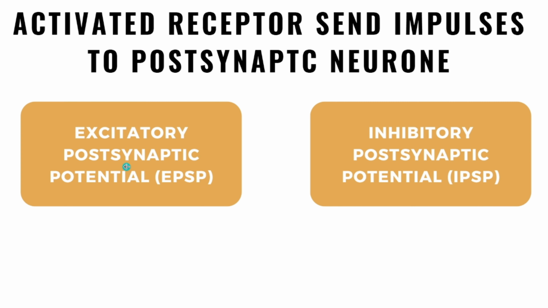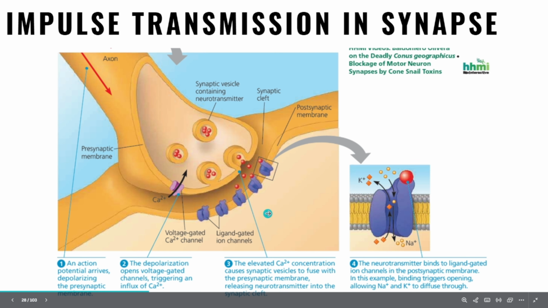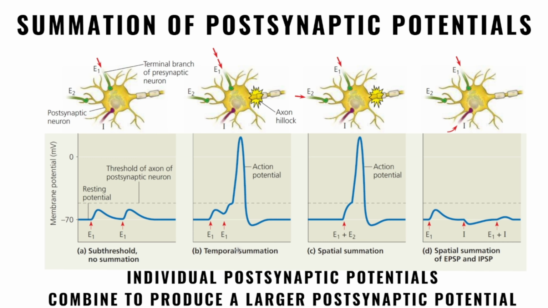Excitatory means the membrane potential changes to bring the neuron closer to firing, meaning it will trigger the action potential. For inhibitory, as the name says, it will stop the action potential, so no action potential. So there are two kinds of reaction, and they are the two major ones.